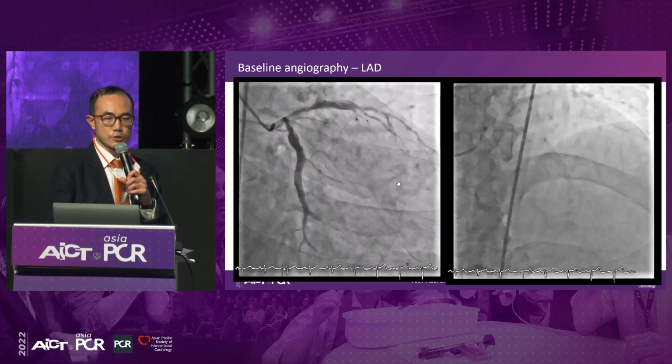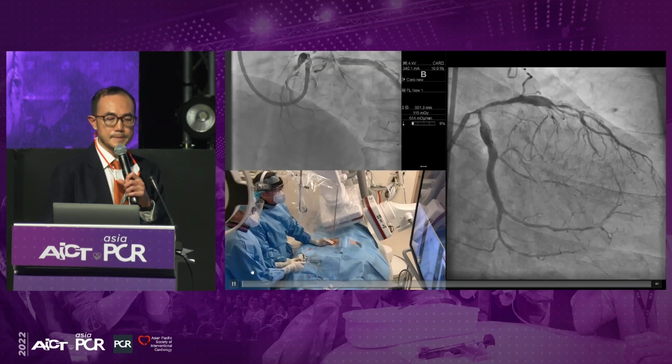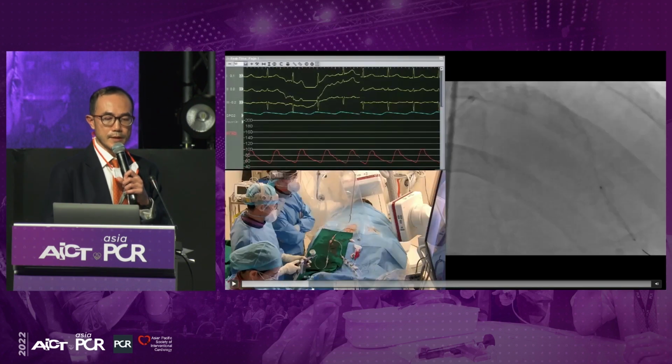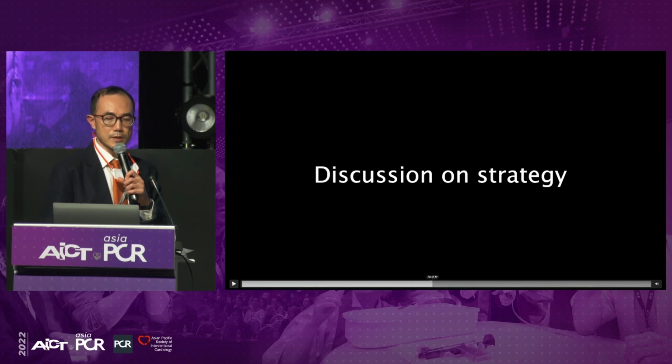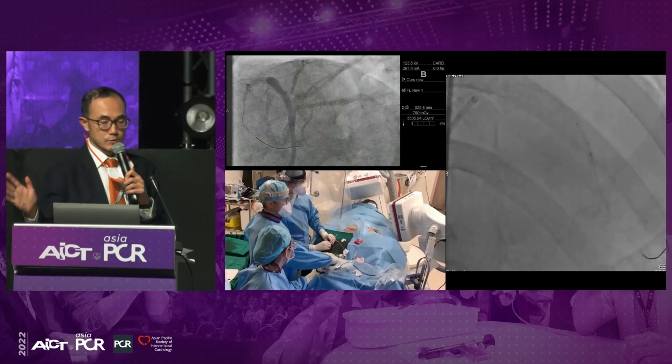So you really should try and size the balloon to the size of the vessel, because the pulses are only delivered when your balloon is actually opposing the vessel. If you have a 4 millimeter vessel and just a 3 millimeter intravascular lithotripsy balloon, you could deliver all 80 pulses and nothing's going to happen.